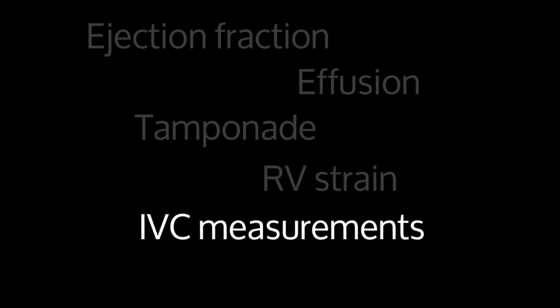We talked about pericardial effusion and how that's different from pericardial tamponade. We talked about right ventricular strain and how a pulmonary embolism or other cause of acute pulmonary hypertension can cause the right ventricle to enlarge. And we also talked about IVC measurements. We talked about the caval index and how that can be a predictor of the fluid status of the patient.